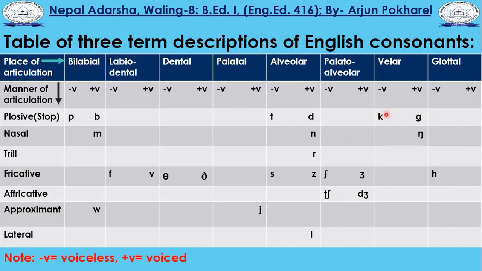Okay, k is voiceless velar stop, and g is voiced velar stop. In this way, you have to see the description. And now ng again is what?